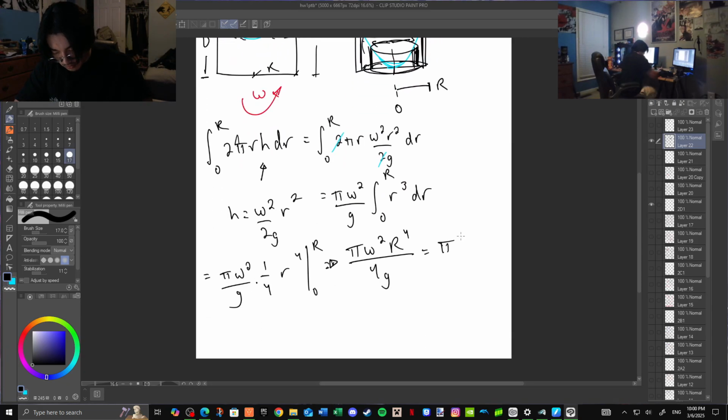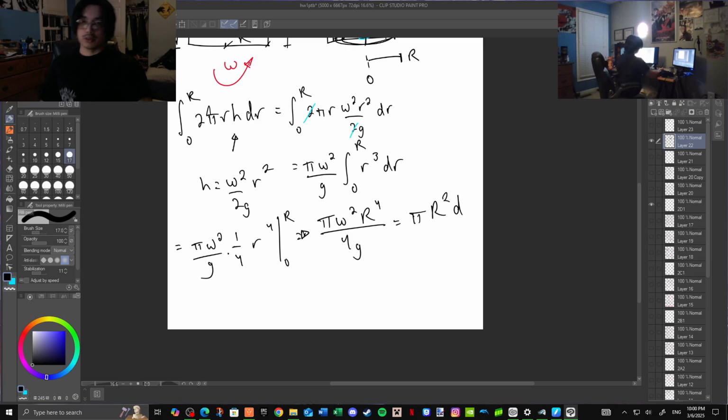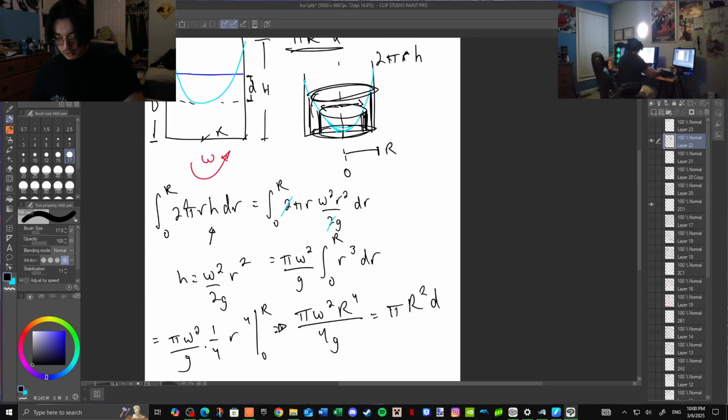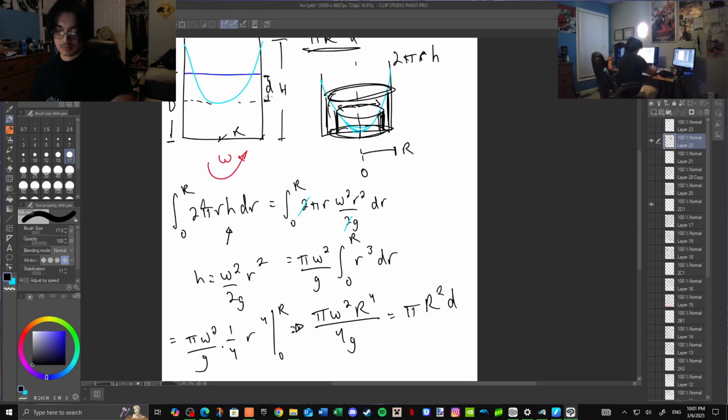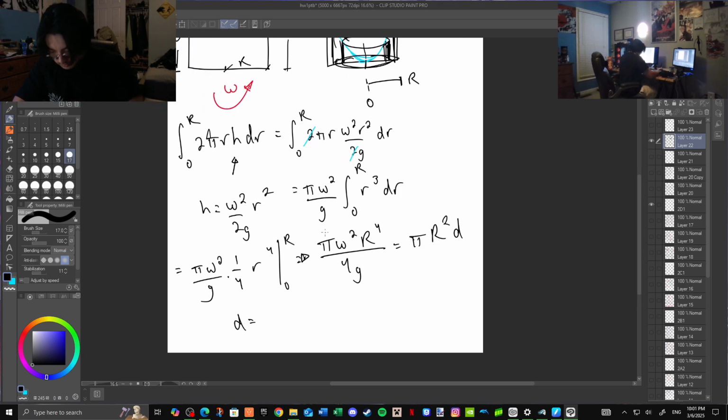This is equal to pi big R squared times D. I keep forgetting, sorry, it's been a long day. We want to find the height of this little area, and by doing some simple rearranging, we can find that height.